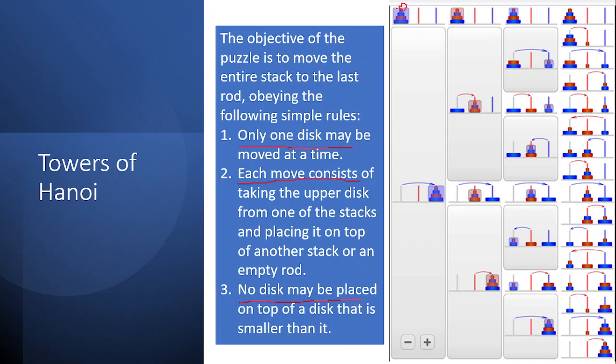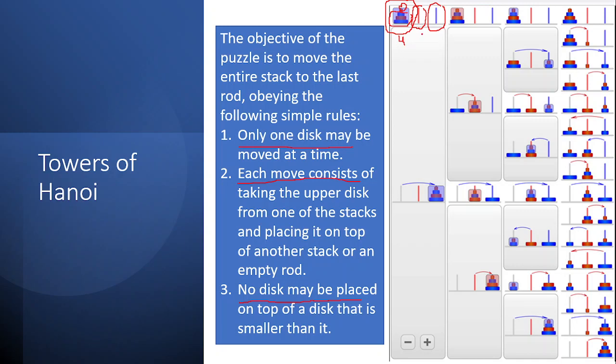If you need to move these disks to this peg, okay, so what you need to do is you first need to move these disks here. Okay? So for example, if we have 4 disks here, so we have a total of 4 disks here.